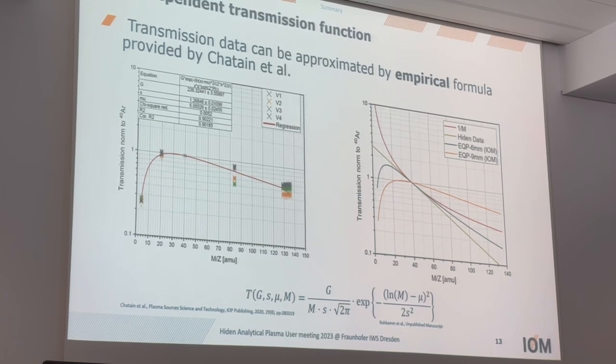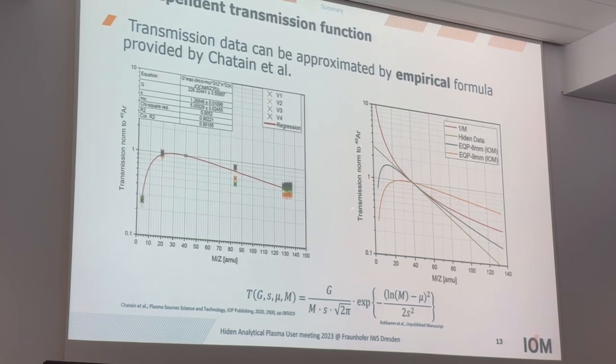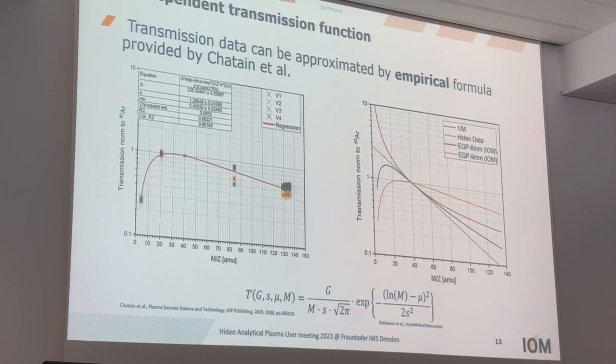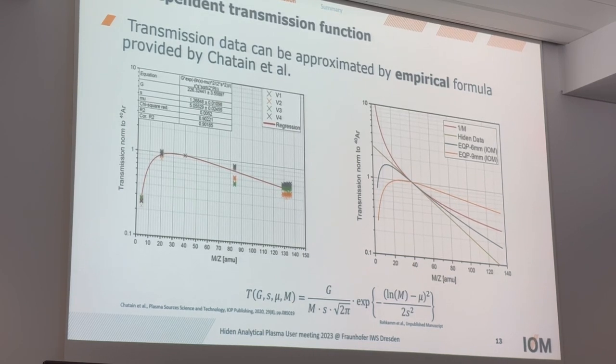When you compare these data of your 6mm system and your 9mm system with the function provided by Hiden and the simple 1/m approach, you can see that these functions fit quite well. In the case of the 6mm system, between 20 and some 60 to 80 AMU, but in the case of the 9mm system, you can see a relatively high deviation, especially for lower and higher masses.